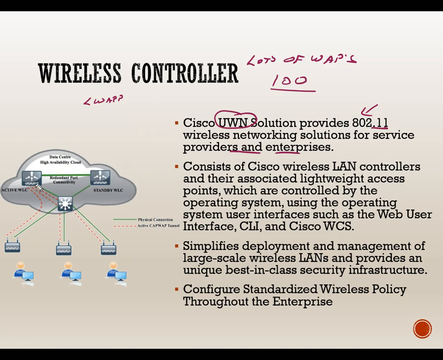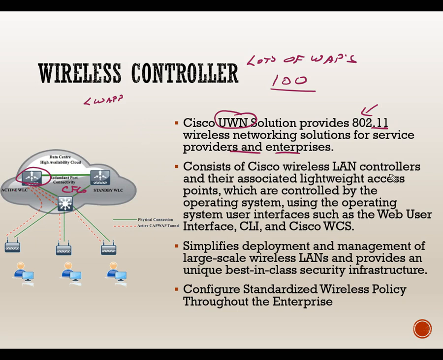What this is showing down here is the active wireless LAN controller, connected to a switch, connected to the different access points, where we can send configuration information to all of the devices: 100, 300, 1,000, doesn't really matter, or 3. Of course, if it's 3, you wouldn't really do that.